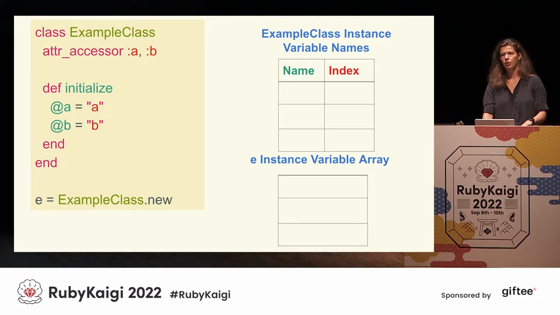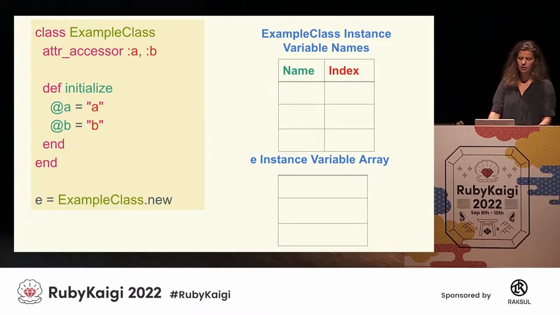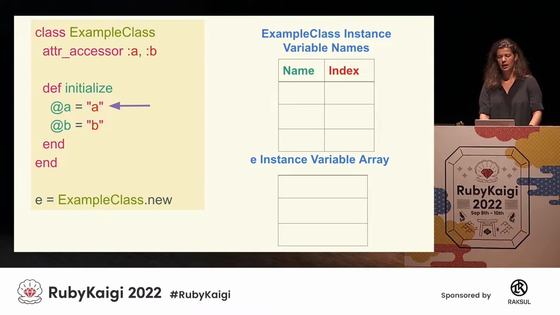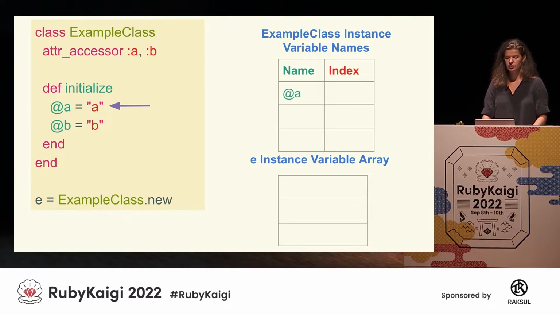And we actually have per class right now in Ruby a map from instance variable names to their indexes in this array. So the way this will work, to step through it, is when we set A, we'll look for A within that map. It's not there, so we'll put it there at the next available index.